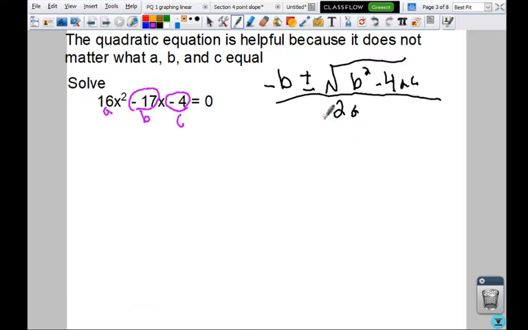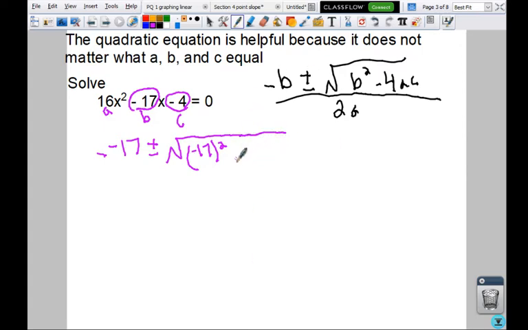All I'm going to do is start filling stuff in. So, I'm going to have negative, and then negative 17 for b. I'm going to keep this as plus minus until the very end, and then split it apart. So, negative negative 17, plus minus the square root of negative 17 squared. I'm going to put my negative 17 in parentheses because if I don't, when I plug it into Desmos, it's going to be wrong.